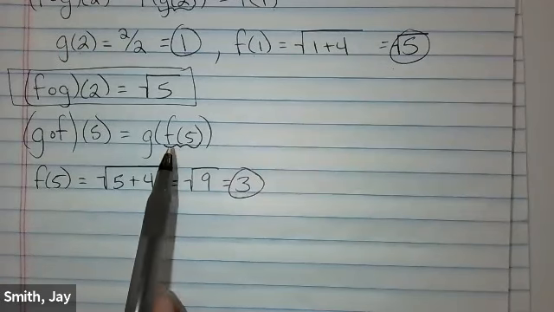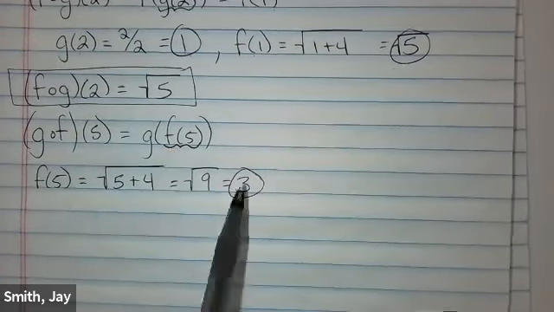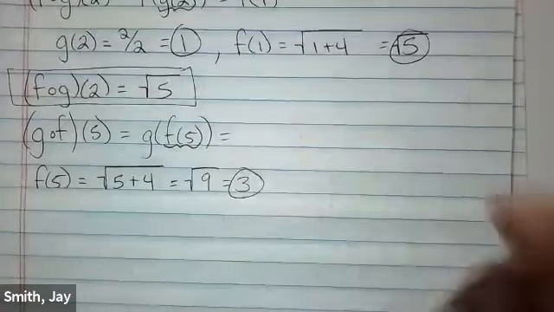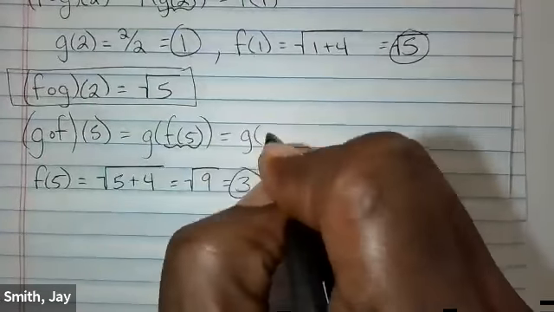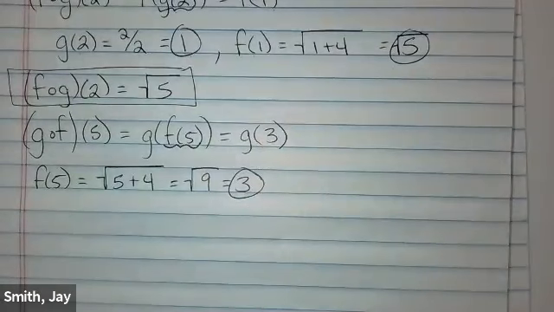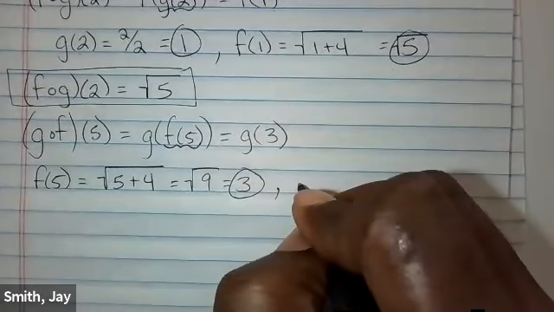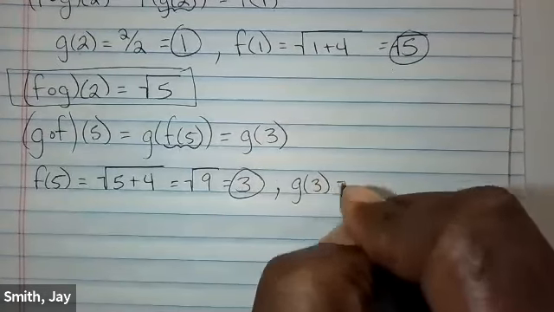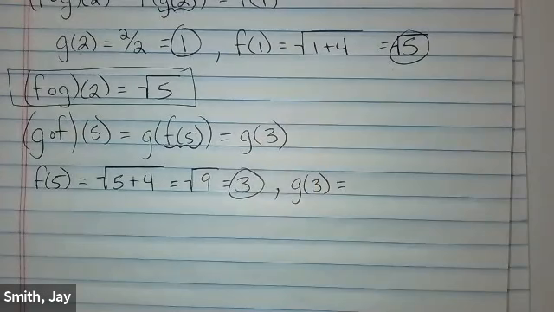So now that we know that f of 5 is equal to 3, g of f of 5 is really g of 3. And this is because f of 5 is 3, and that's what we just found. So now what we're looking for is g of 3, or we're going to replace every x in g of x with 3.